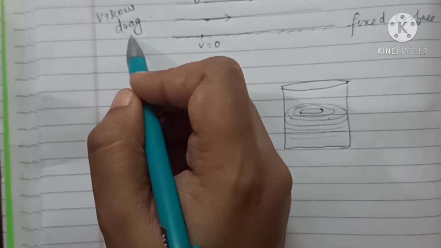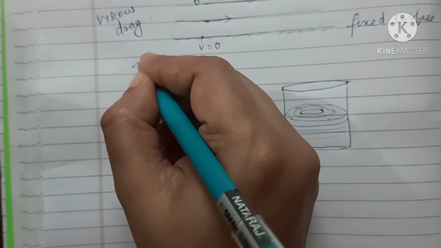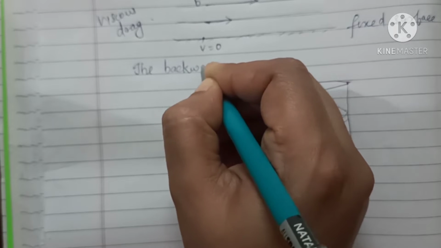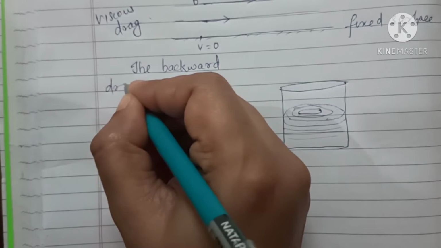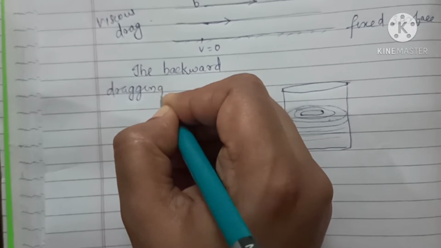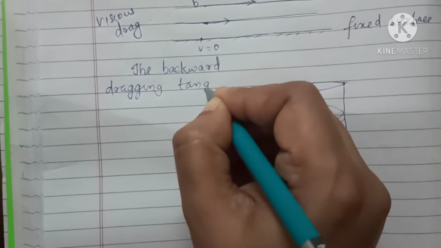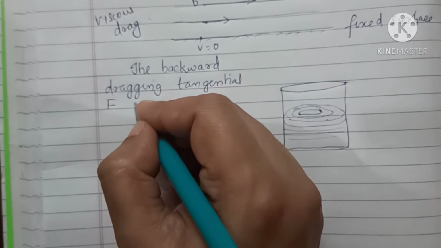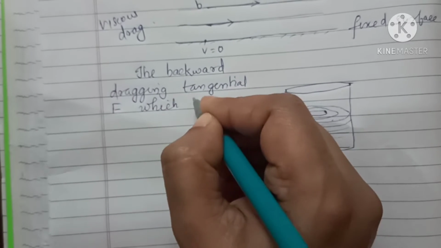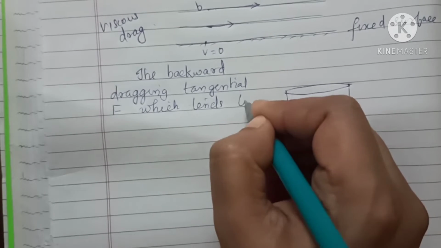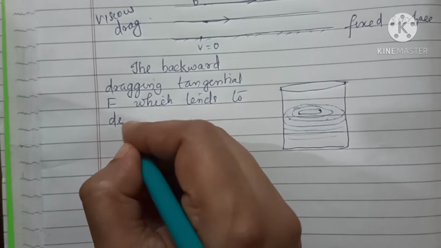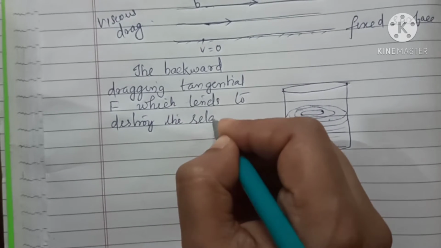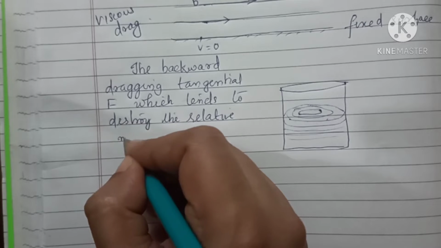Okay. So how can you define this viscous drag? It is the backward dragging tangential force which tends to destroy the relative motion.